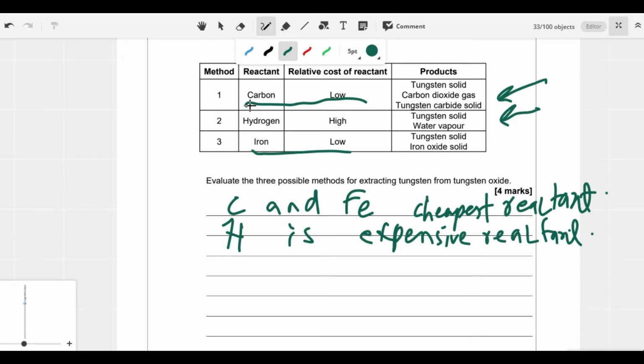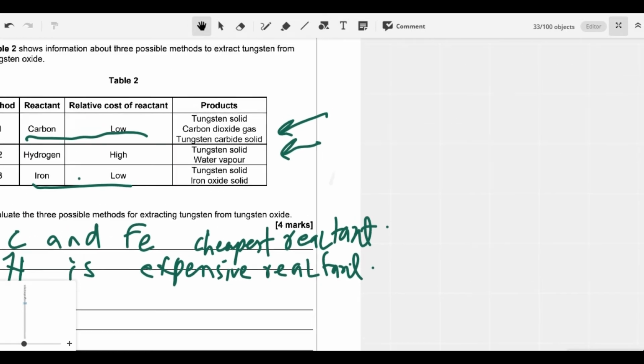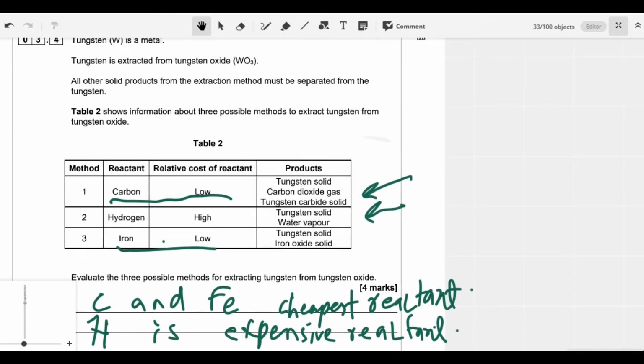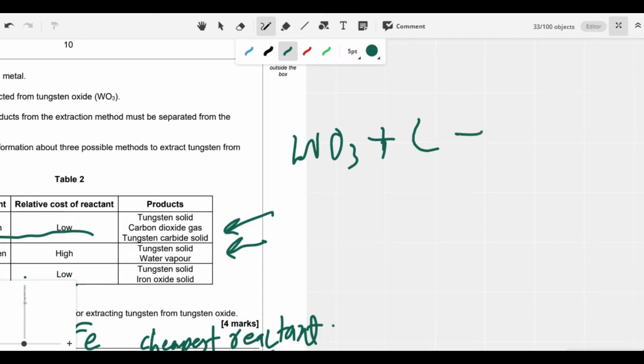Okay, and in method 2, you see the solid tungsten produced by using hydrogen. Because it is tungsten oxide, the oxygen reacts with the hydrogen to make water. For example, here we have WO3 plus, if we use carbon, it will make carbon dioxide.